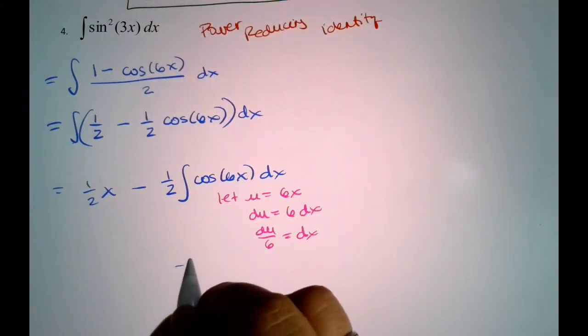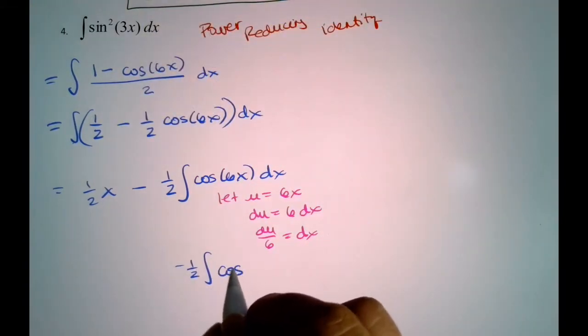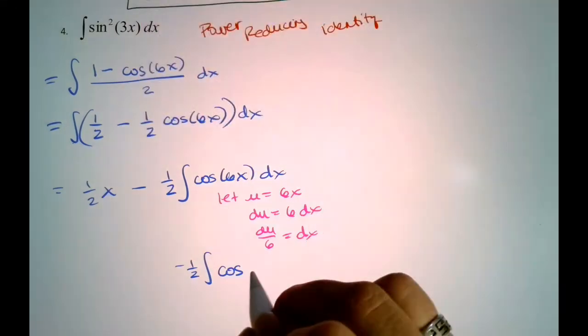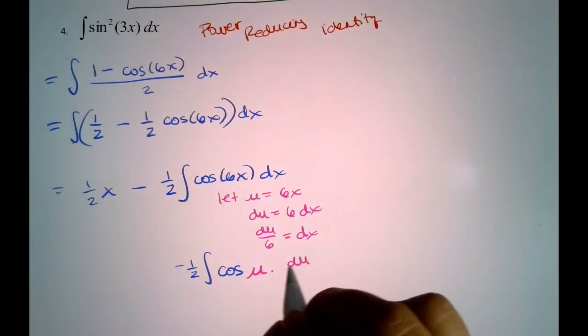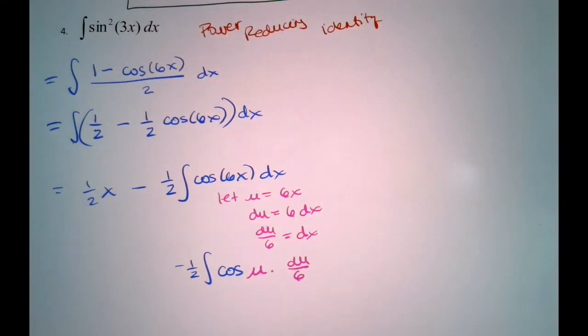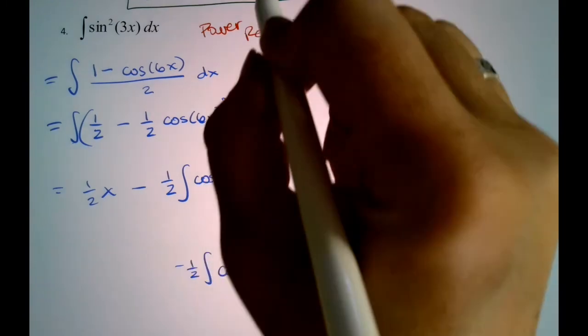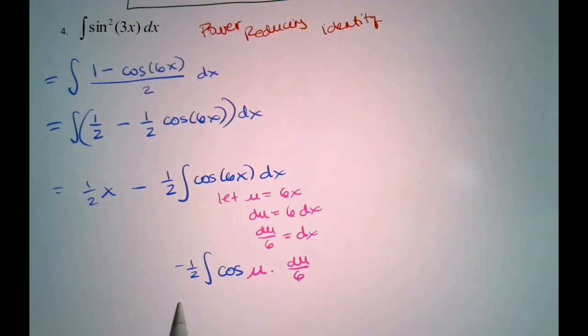I still have that negative 1/2 flying around, but I decided to let the 6x be u, and I've got du over 6 for dx. So things are looking good, because I can take that 6 and move it out, and that turns the coefficient on the outside to a negative 1/12. I know the integral of cosine u du is sine u.